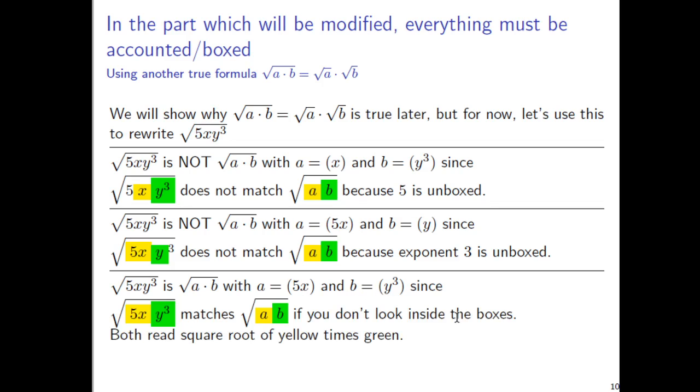And take a look at how this root 5 times x times y cubed is in the format root a times b. If you don't look inside the boxes, both of these would read aloud as square root of yellow times green. And this means that we can apply this formula, so we can rewrite root 5x times y cubed, which looks like this left side, and we can rewrite it to look like root a times root b instead.